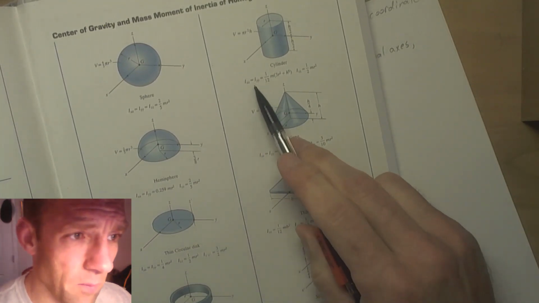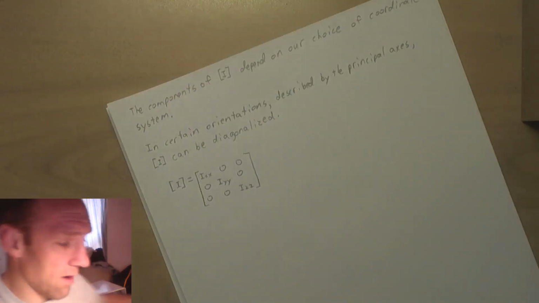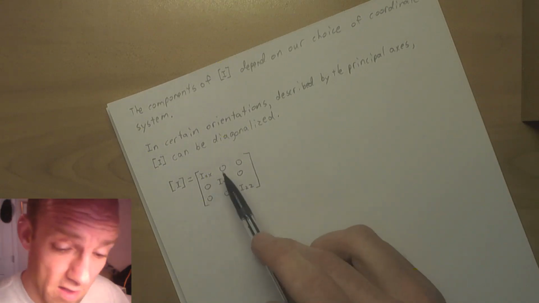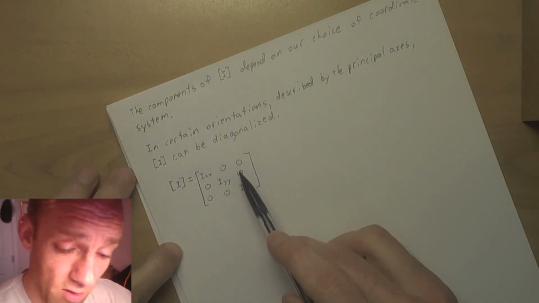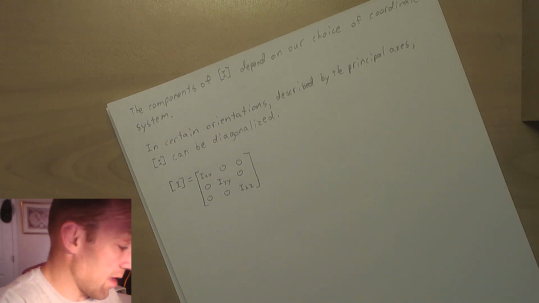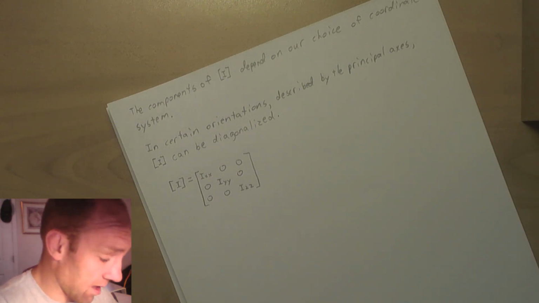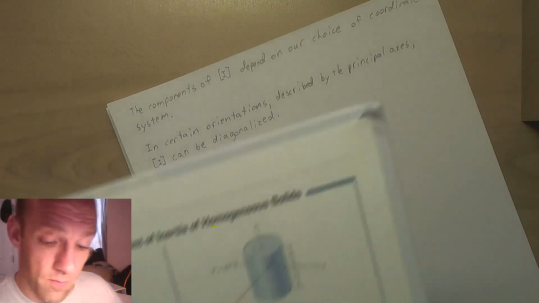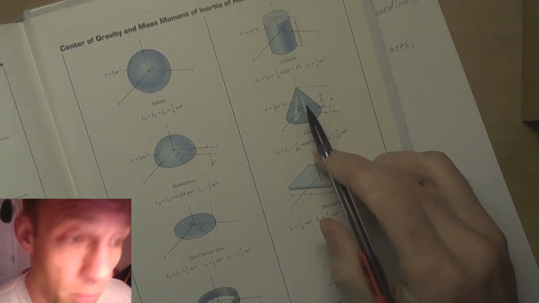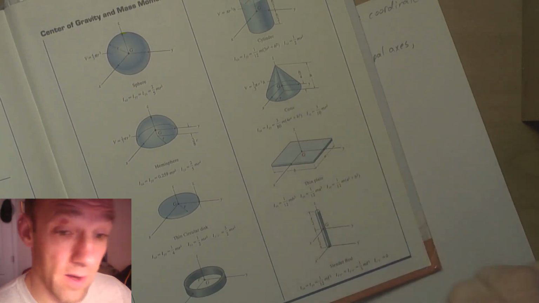You're not given the 6 independent quantities necessary to fully define the tensor. They do that because it is aligned in terms of the principal axes. Okay.